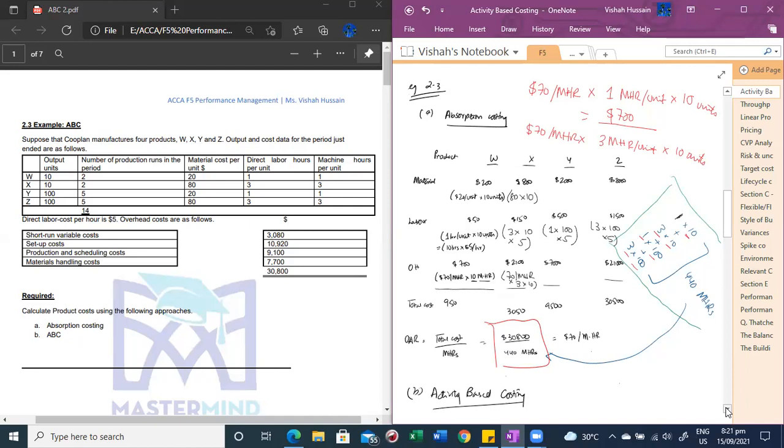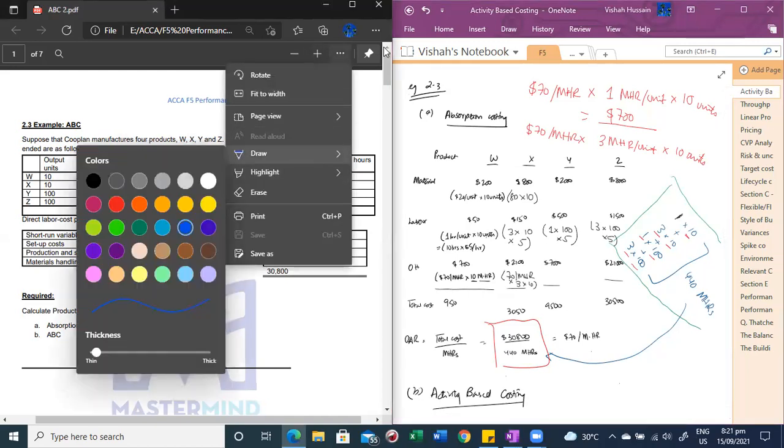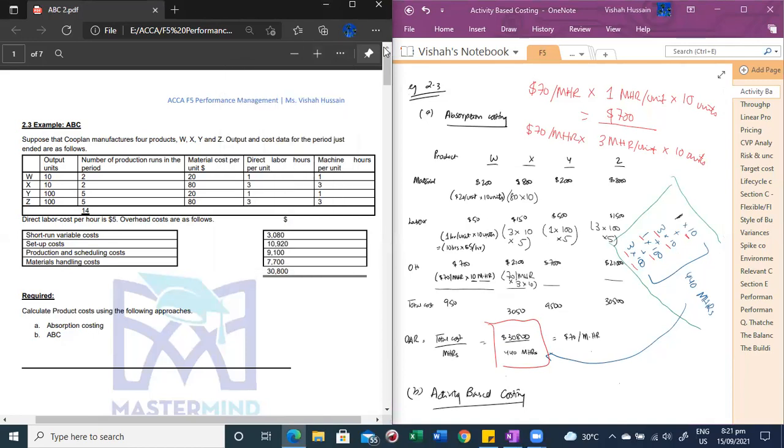Overhead costs are as follows. They have given you separate cost pools and they have also totaled it. These are separate cost pools that they have named: short run variable cost, setup cost, production and scheduling cost, materials handling cost. They want you to perform both absorption costing and ABC costing.